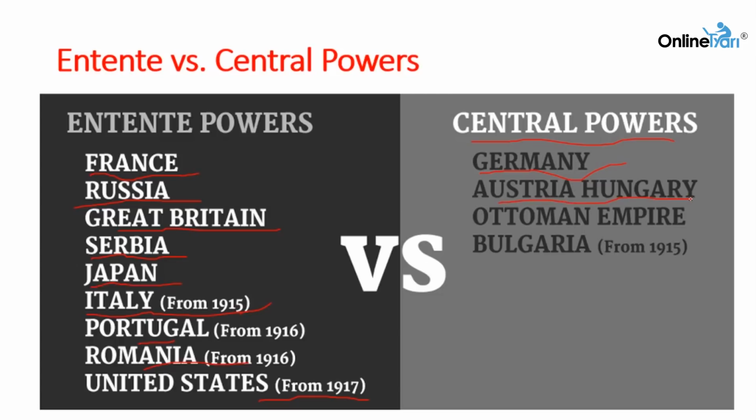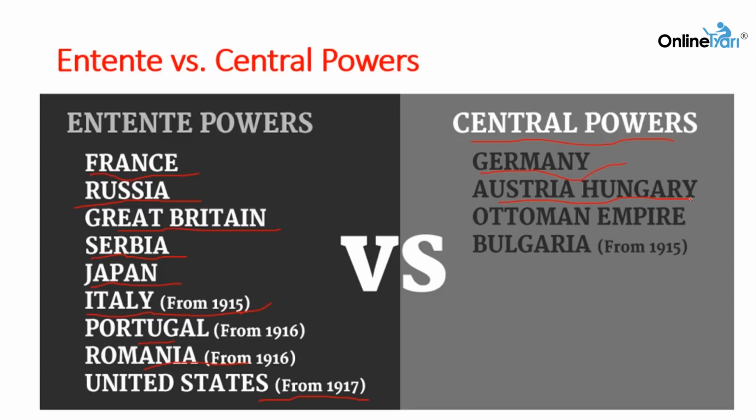Austria-Hungary was a huge empire in Europe. It consisted of Romanians, Moldovans, Germans, and every ethnic group, and it slowly became nearly impossible to rule over all the nationalities.